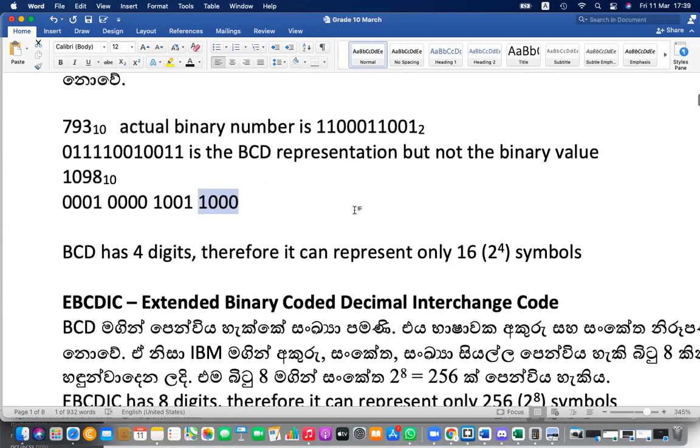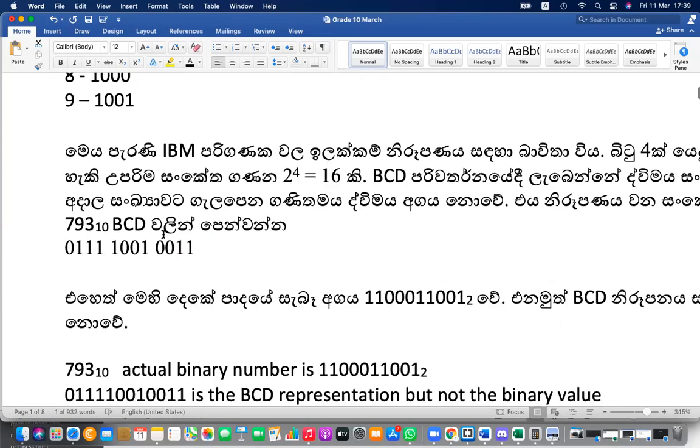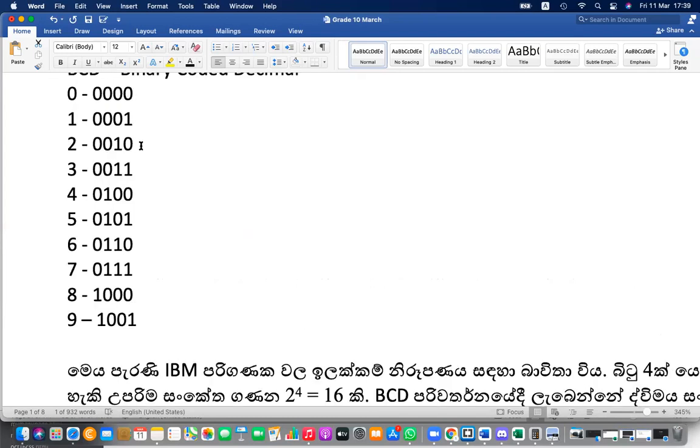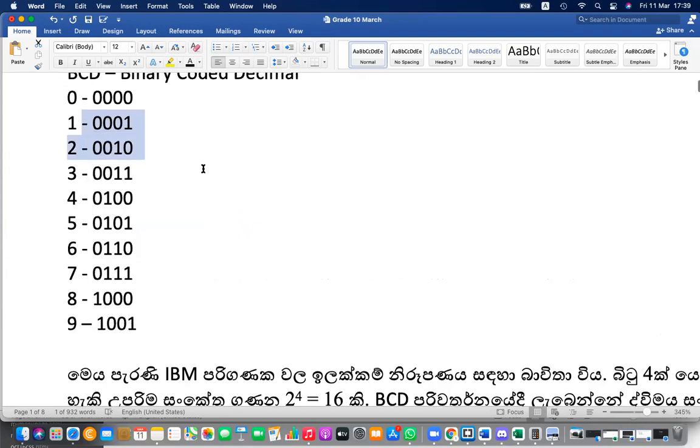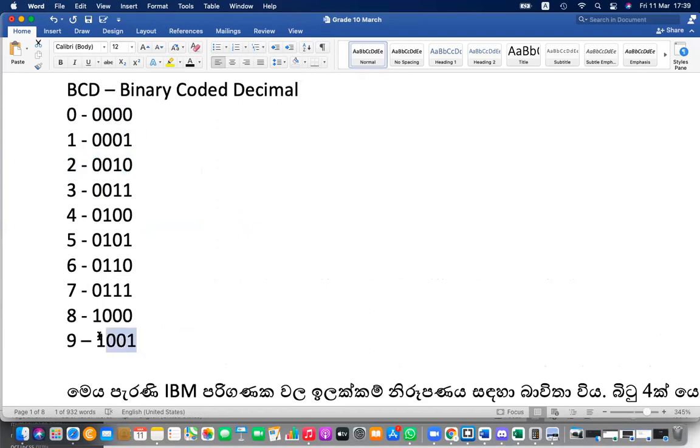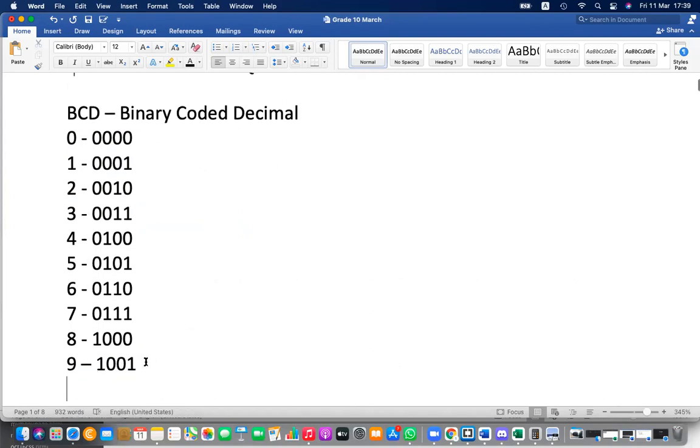Then, this code has only 4 digits. Four digits means the maximum number of characters that you can represent is limited to 16. What are the remaining combinations? 1, 0, 1, 0 is another one. 1, 0, 1, 1, another one. 1, 1, 0, 0. 1, 1, 0, 1. Then 1, 1, 1, 0 and 1, 1, 1, 1.